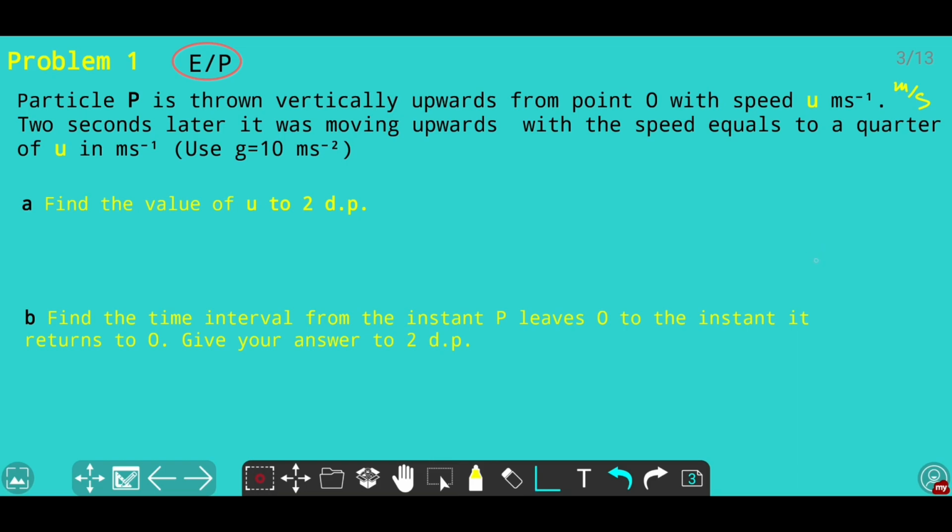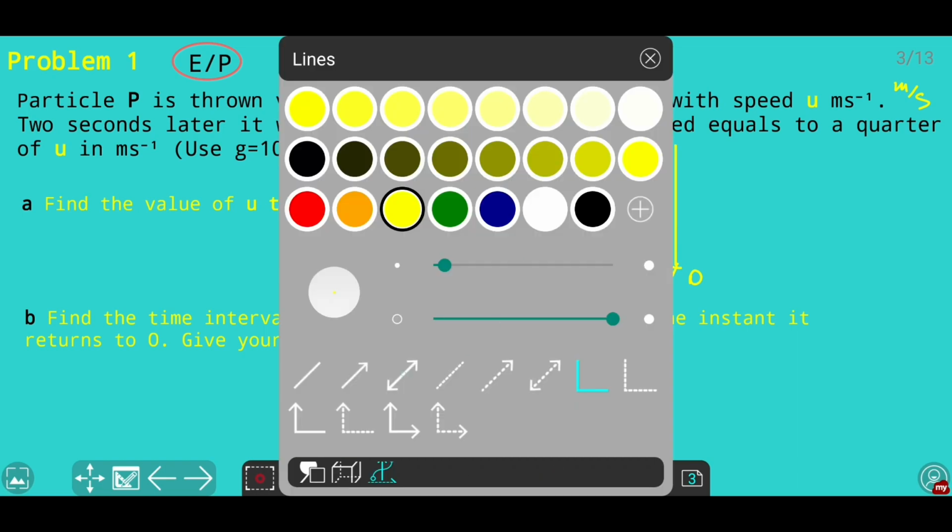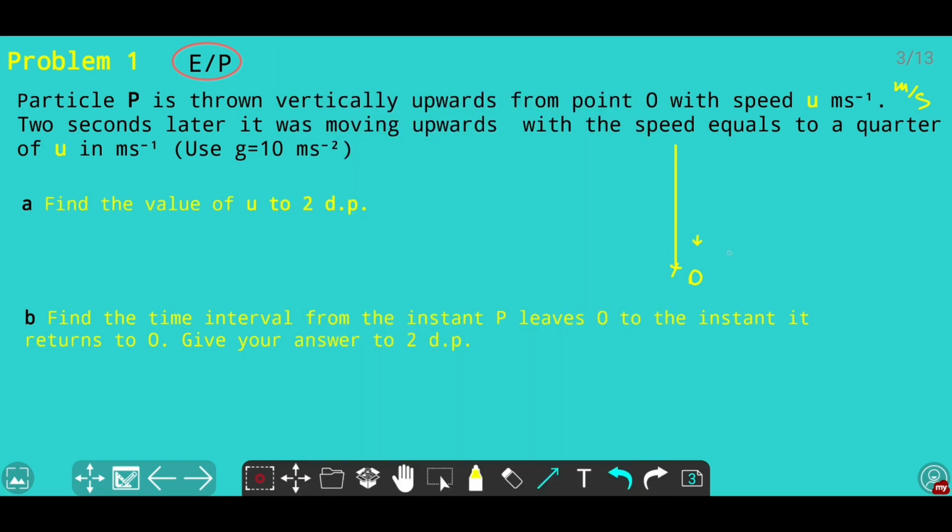So what scenario do we have in part A? We have point O. It might be a point on the ground, on the surface, or any point in the air, it doesn't matter. The initial velocity was directed upwards, and the speed, meaning the absolute value, was u.